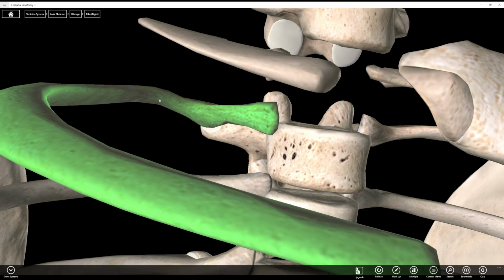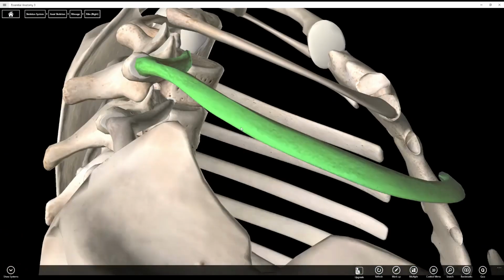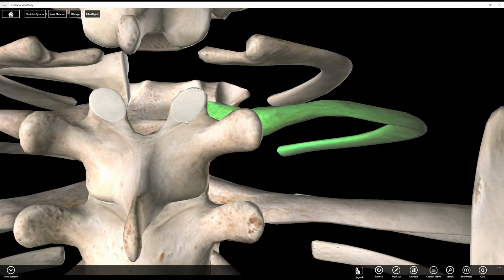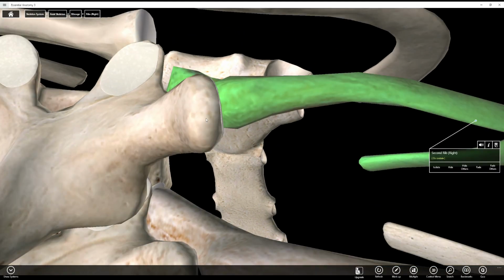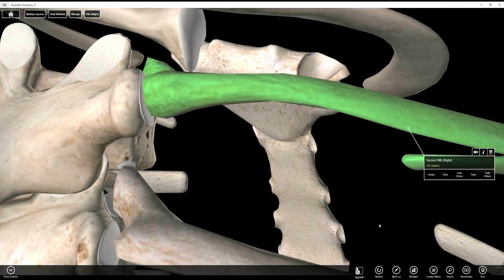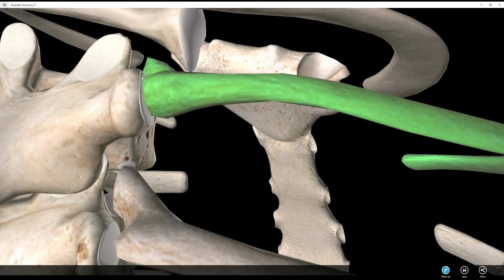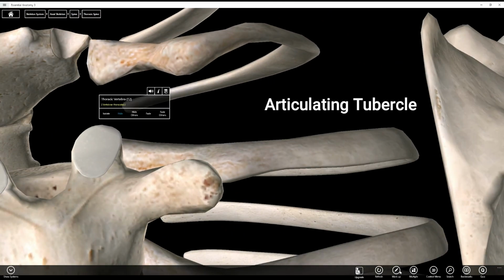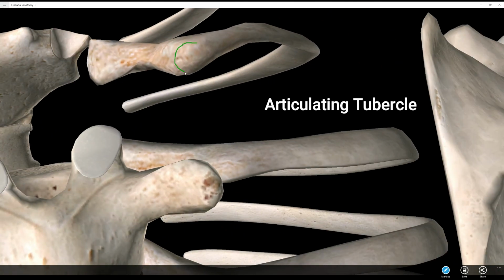And then lastly, for rib 2 is the articulating tubercle, which articulates with the costotransverse facet. So this smooth area here on T2 is the costotransverse facet. If we go ahead and remove that, we can see the articulating tubercle right there. And that's it for our rib video, you guys. Thank you.